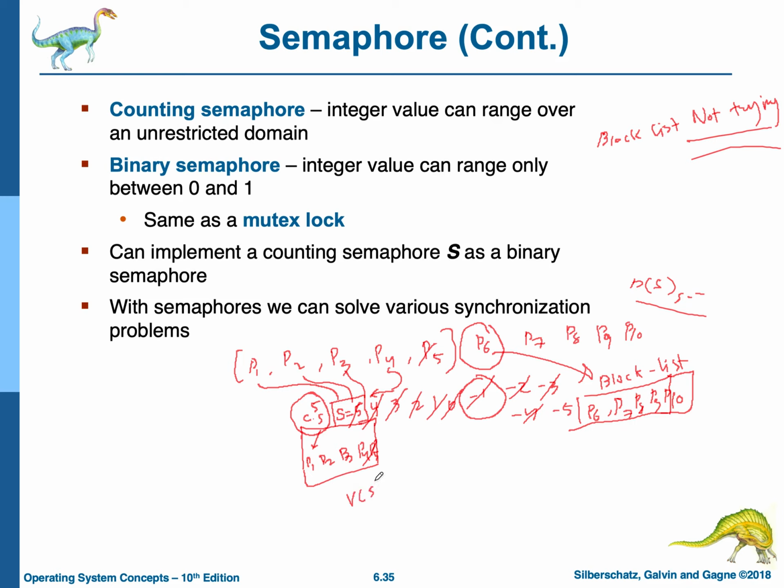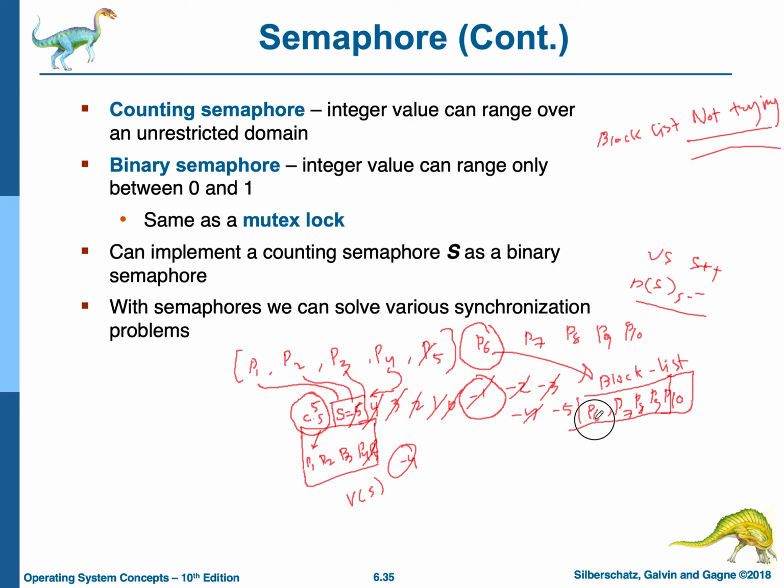V of S is done here, then what happens, we know that V of S increments S by +1, which means that now -5 would become -4, which means that now it has a capacity of 1.